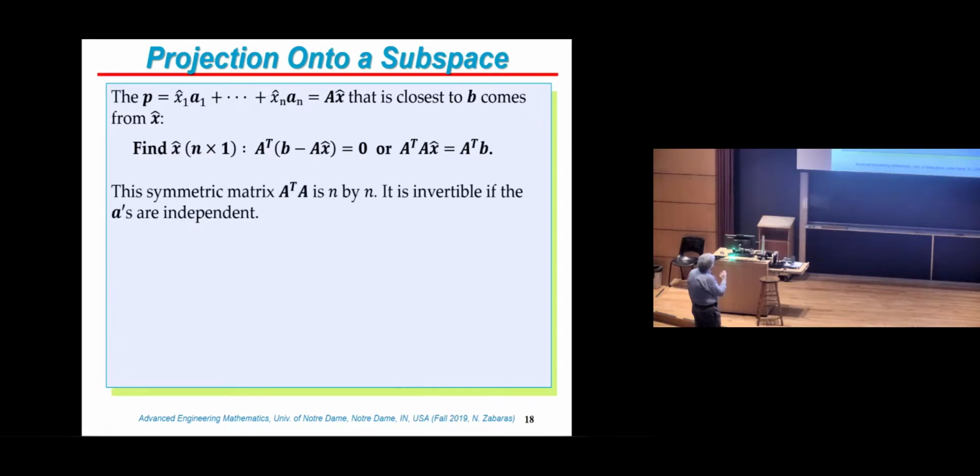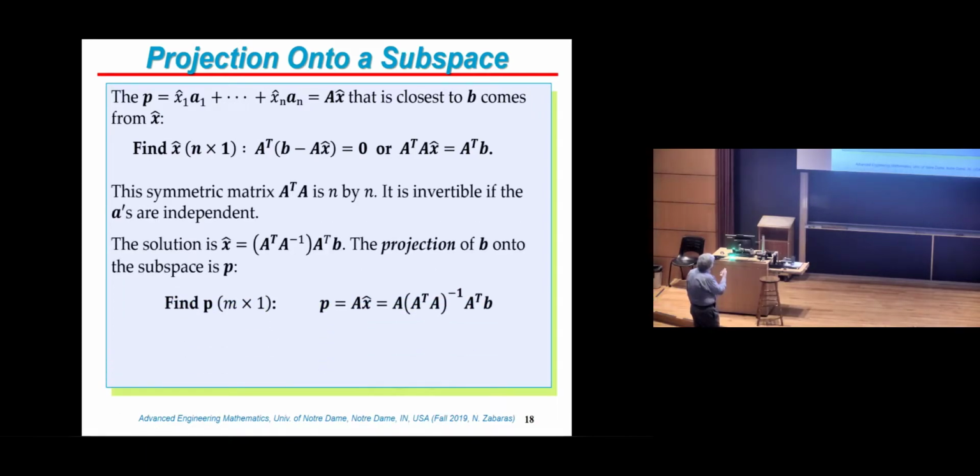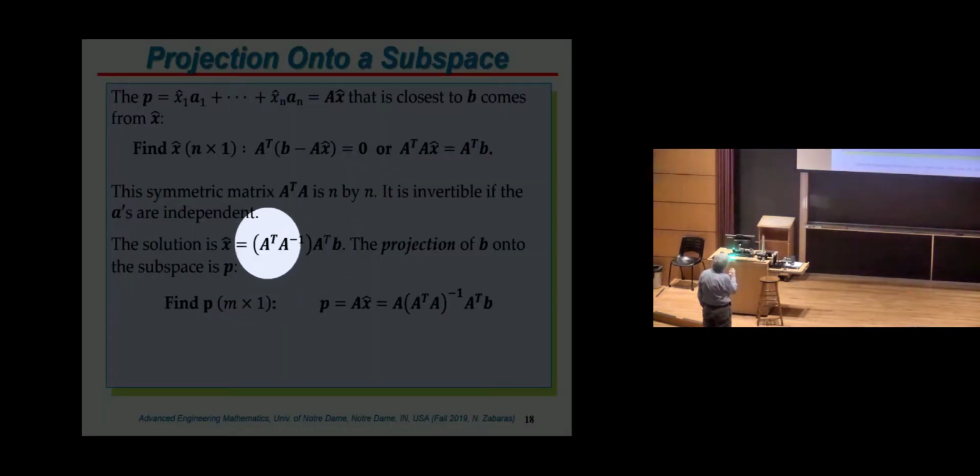Where is my equation? Here is the equation. And again, there is a typo there. I need to go and correct it. So the typo here is that A transpose A inverse goes outside, times A transpose B. And then if you're interested now in writing down the projection point, what's the projection point?